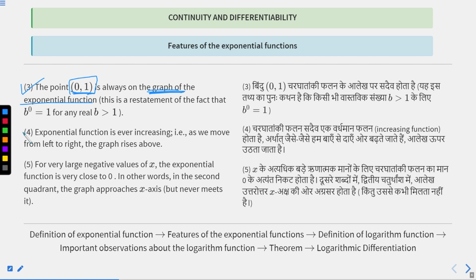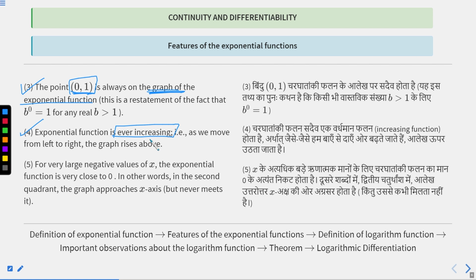Now the fourth point says that the exponential function is ever increasing. This means if you move towards positive infinity on the x-axis, you will see growth in the graph of the exponential function.